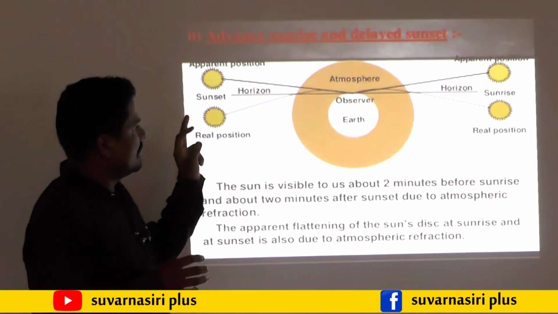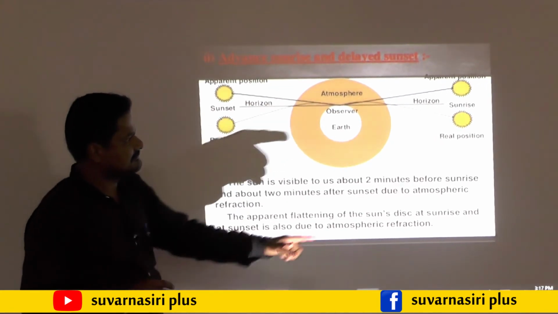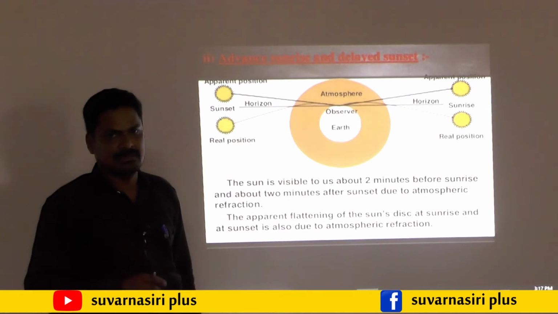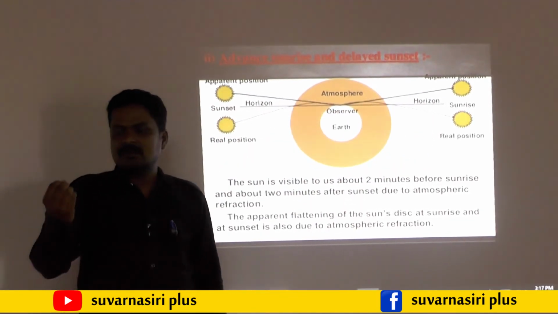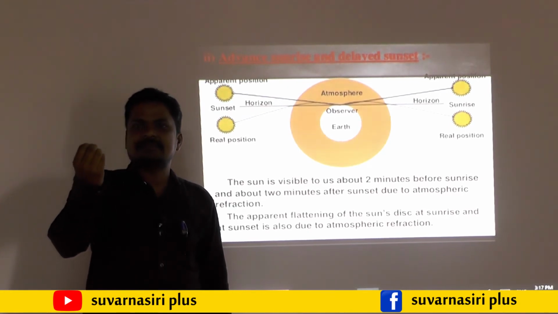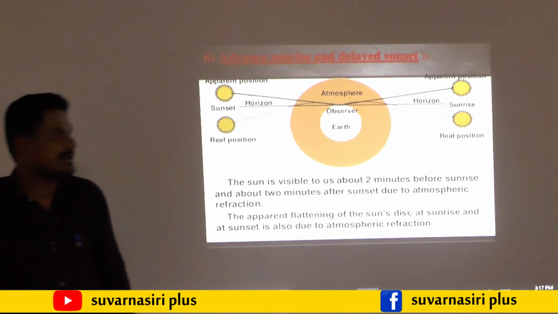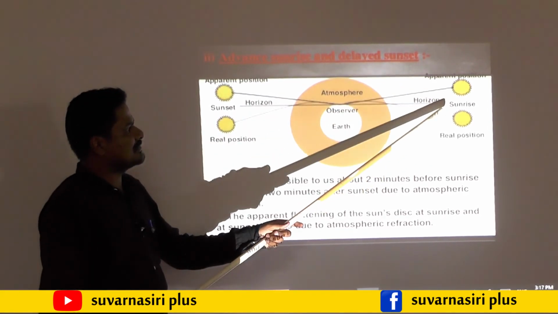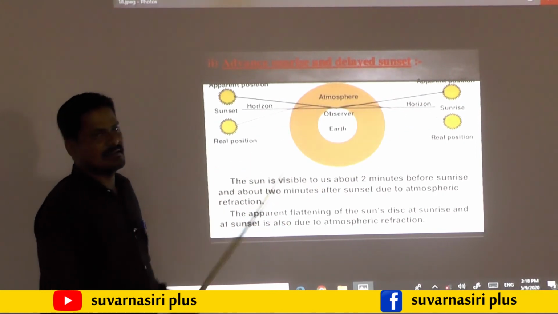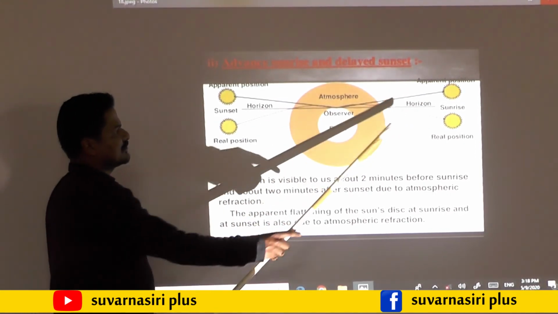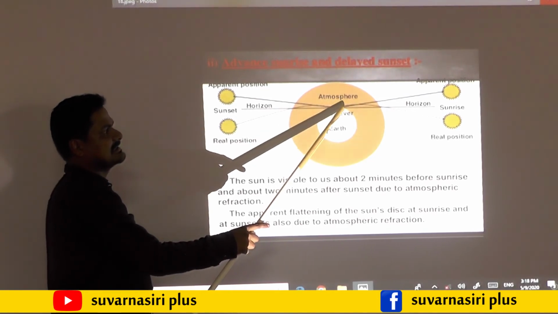Because when the sun is near the horizon, the real position of the sun is here. When the sun is rising, what will happen? When the sun is rising, it is near the horizon. So in that time, the light travels in the atmospheric layer. So due to that, the observer can see the sunlight.